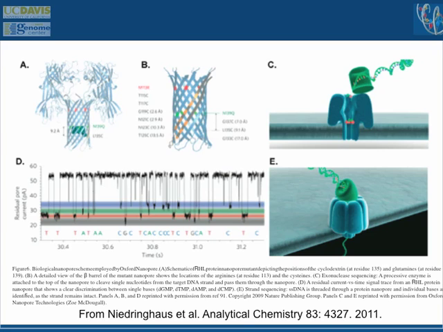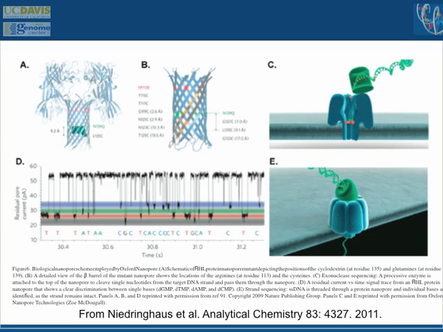Here's a little bit more detail of their model where you have some sort of nanopore, and I think this is a DNA polymerase, and then a piece of DNA, and you're threading the DNA through the nanopore and running sequencing, some type of synthesis reaction or DNA copying reaction as it goes through.